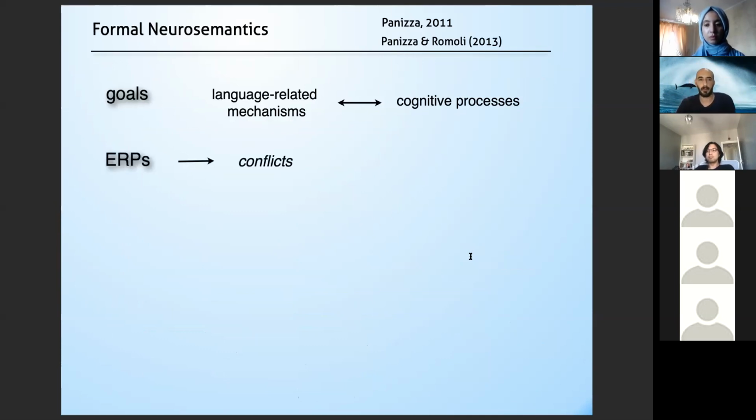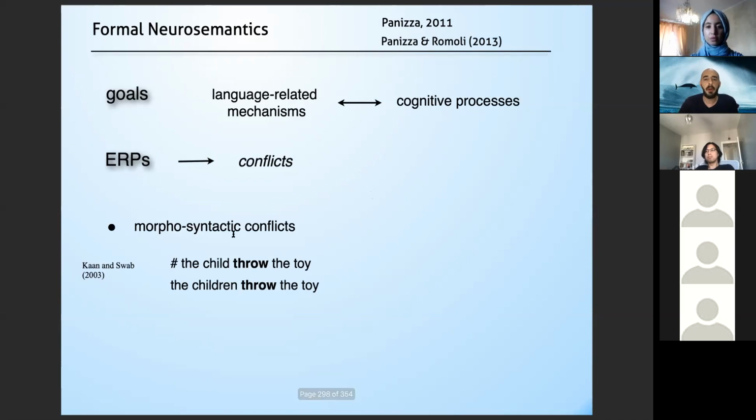Here's how. So we know that language-related mechanisms must be implemented in real cognitive processes, right? And we know that we can study linguistic conflicts with ERPs, or any kind of conflict, in fact, like morphosyntactic conflicts, like, for instance, agreement violation, the child throw the toy versus the children throw the toy, okay?